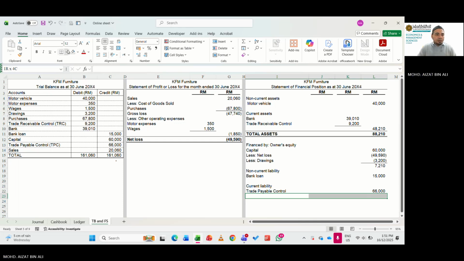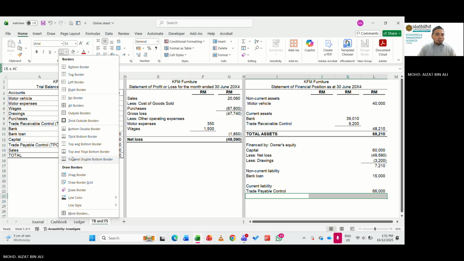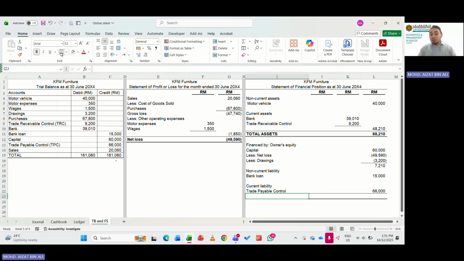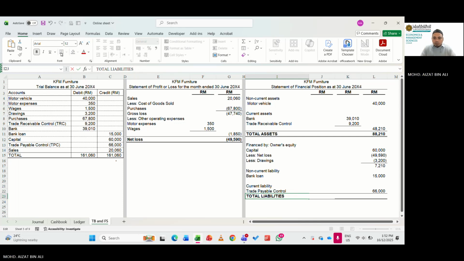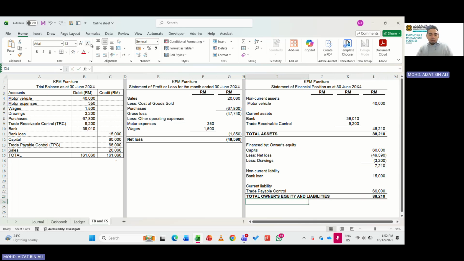Too much to manage, because it's a new business, new business. Total liabilities and owner's equity. Can I change the order? Yeah. Total owner's equity and liabilities. Yeah, these look nice. There you go. Okay. A balanced statement of financial position.